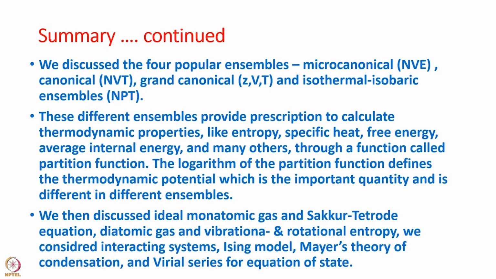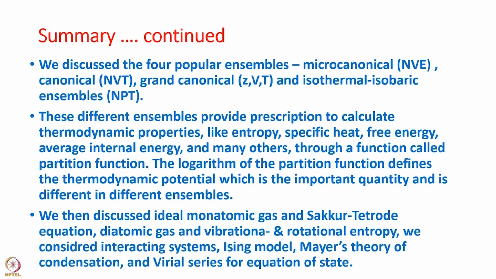But now Mayer's theory, when it was done, I discussed that the expression of the second virial coefficient and third virial coefficient in terms of the intermolecular potential allows us now to use the experimental result to construct the intermolecular potential.